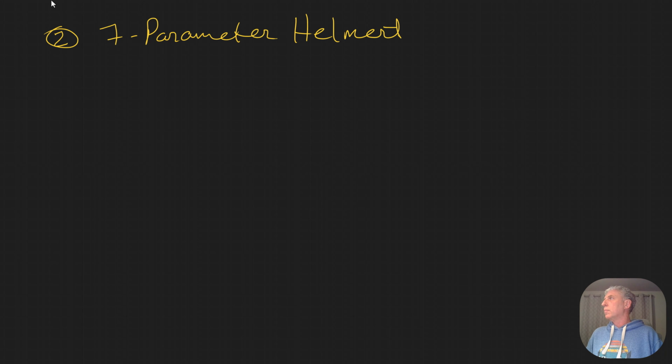Second method, method 2. This would be a 7-parameter Helmert transformation.